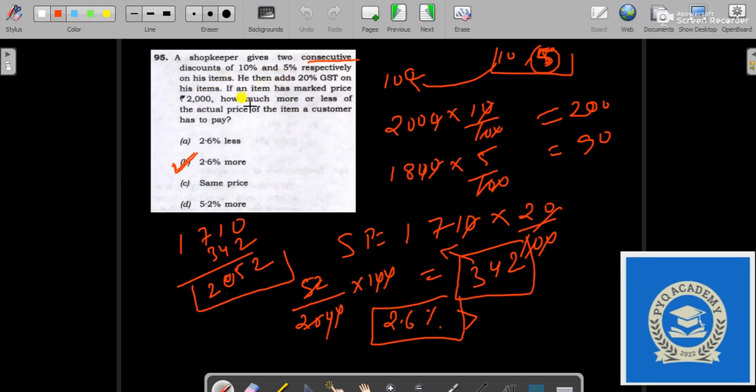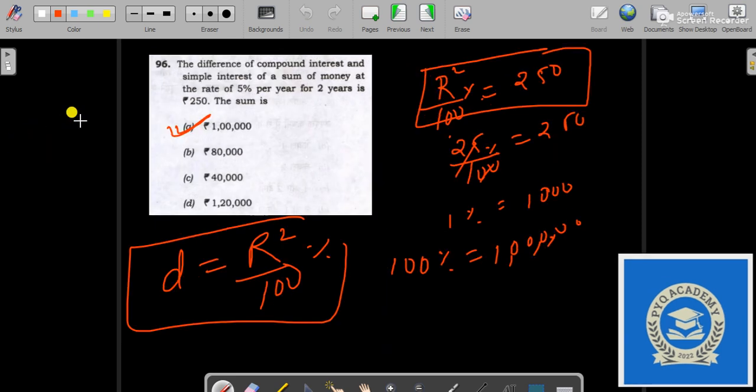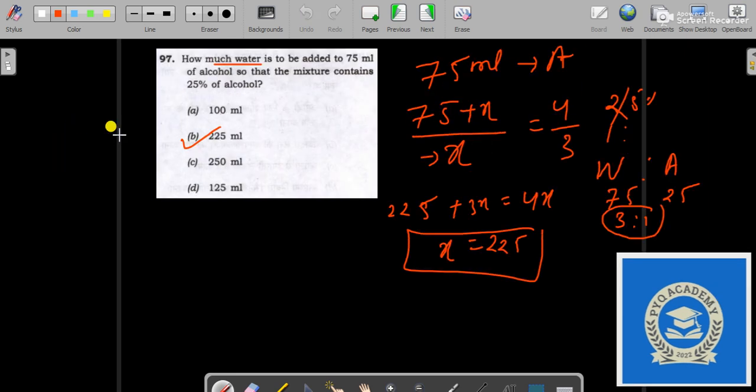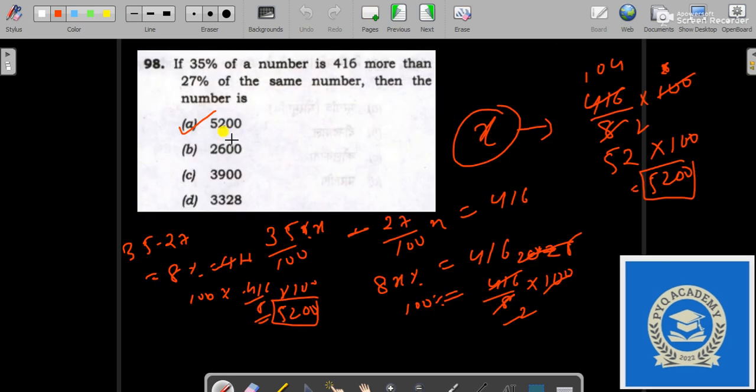Then it is profit and loss again. Then this is CI and SI, compound interest and simple interest. Then this is allegation and mixture. And then this is again percentage.